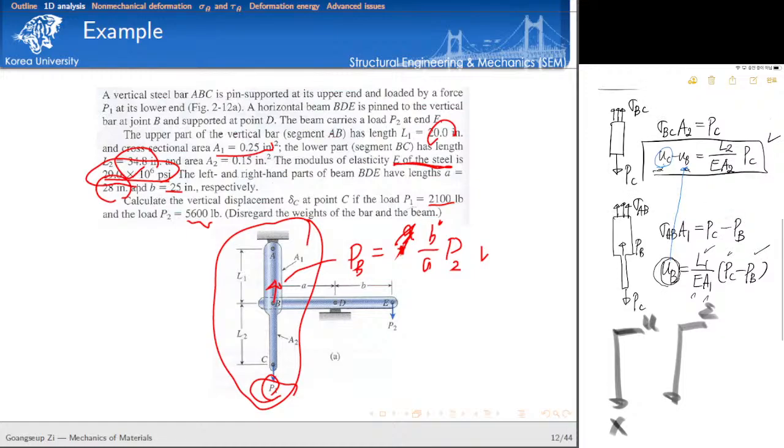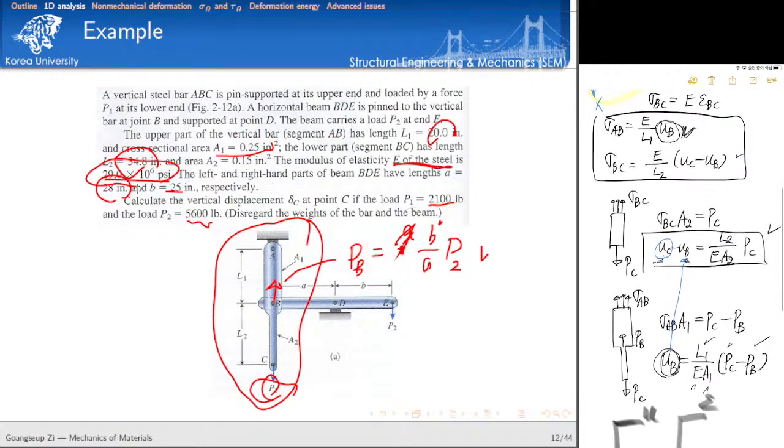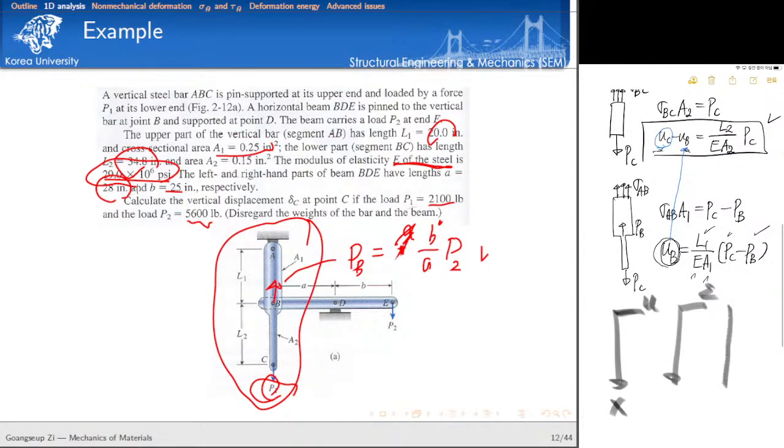And then using the stress, we can also plot the distribution of stress, sigma. And by multiplying the cross-section area with the stress, we can represent the internal forces, N.